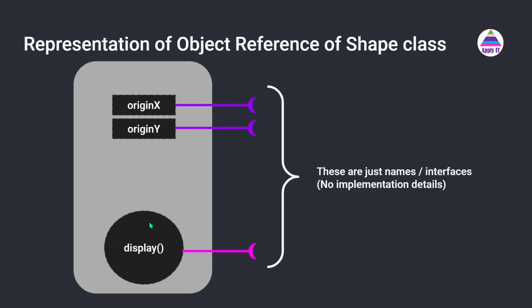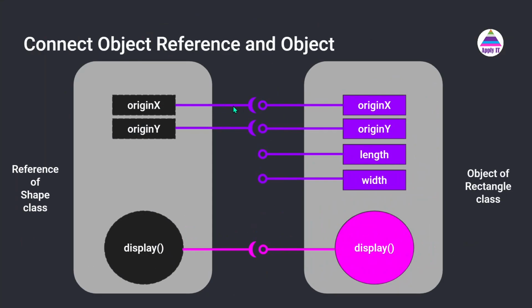However, if you use an object reference of the shape class, we find that in the shape class, only origin x, origin y, and display are present. Again, these are just names or interfaces without any implementation details. Whenever we assign an object of the rectangle class to the reference of the shape class, or the base class, only these connectors will get connected with that object like this.